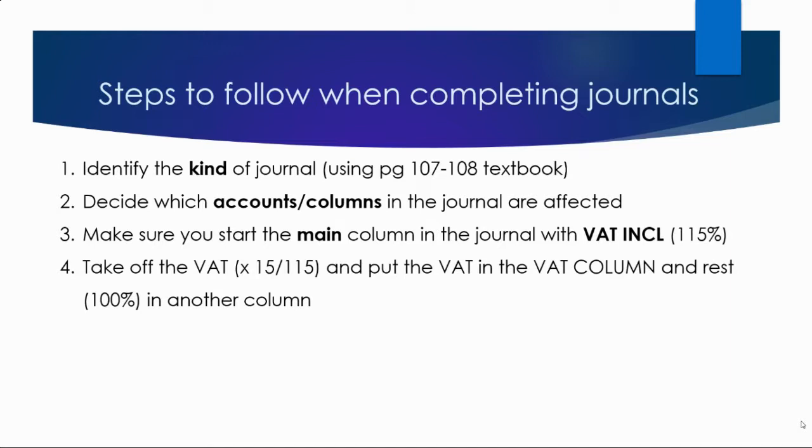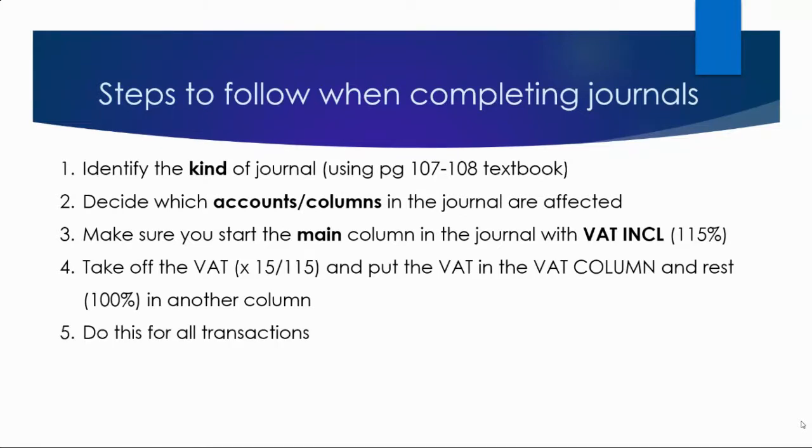And then the remaining portion will be placed in the other column that you looked for in step 2, and that would only be at 100%. Now in the event where we are not registered for VAT, you would skip the VAT step because you would not work out the VAT, and the amount in the other column would be exactly the same as the VAT inclusive amount.